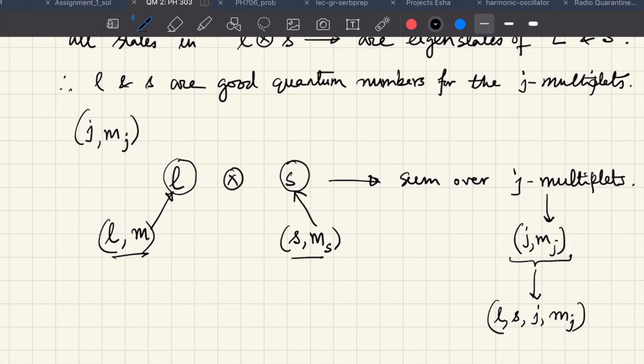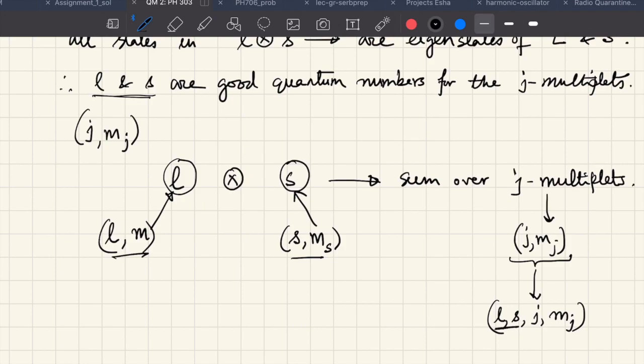And because of that fact, L and S are good quantum numbers here also. But remember, M and MS are not good, and they are not eigenstates of LZ and SZ. These J, Mj states are not eigenstates of ML and MS.